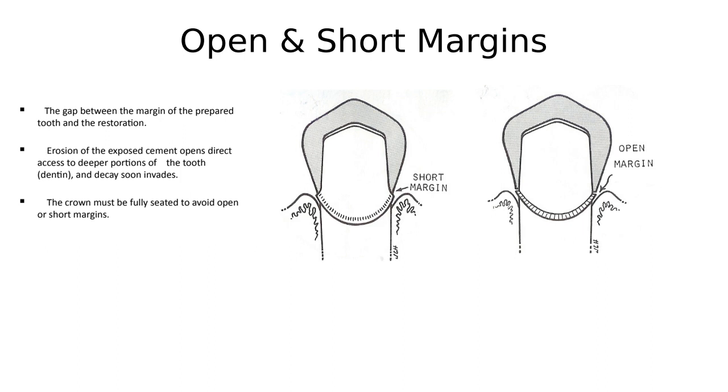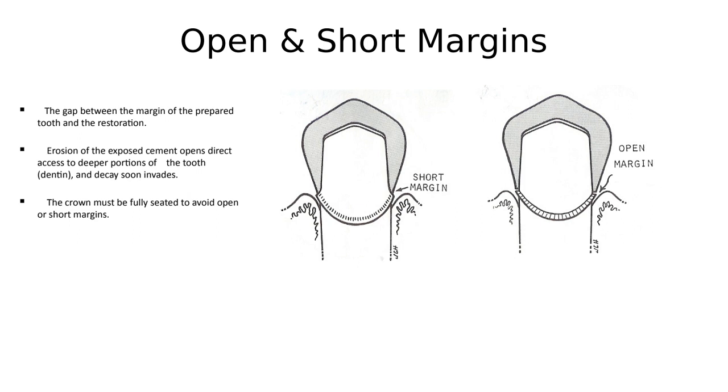We don't want any opening, any gaps between the margins because, first of all, the cement that the doctor uses for inserting the restoration is washing off over time, okay? So little by little, parts of that cement may come loose. Also, the gap creates an area where food and bacteria can be trapped.